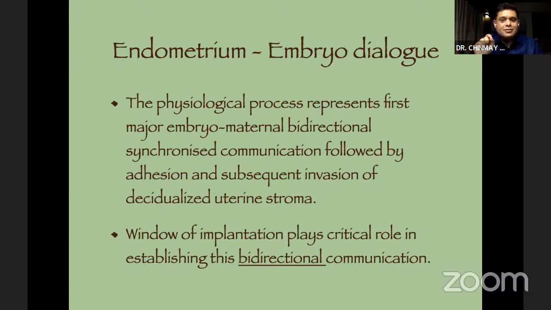Now just look at this wording, how beautiful it is. This is first a bidirectional communication between mother and baby, a future baby. So obviously both parties are talking. And in that, the window of implantation plays a critical role in establishing this bidirectional communication.